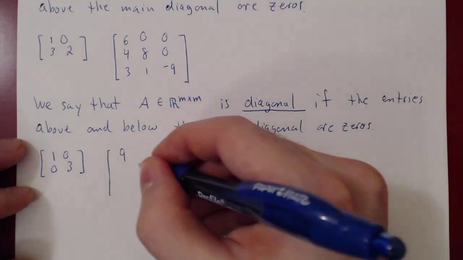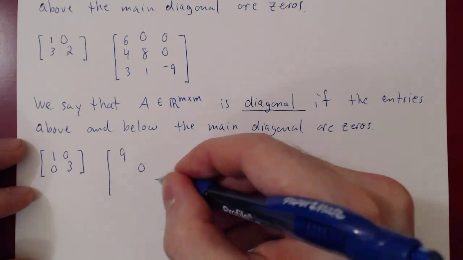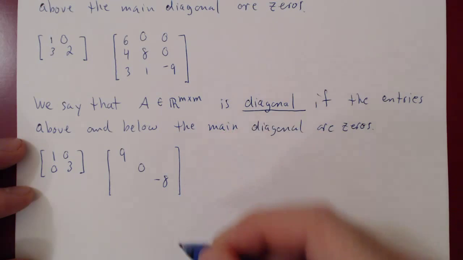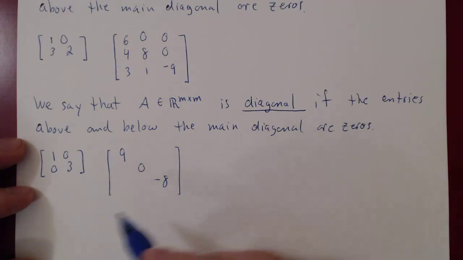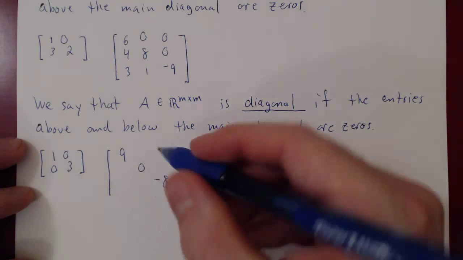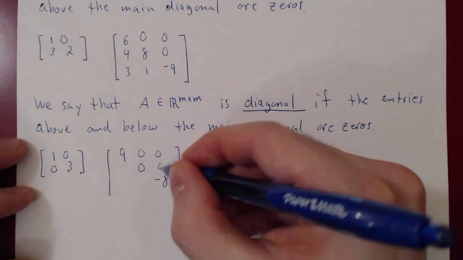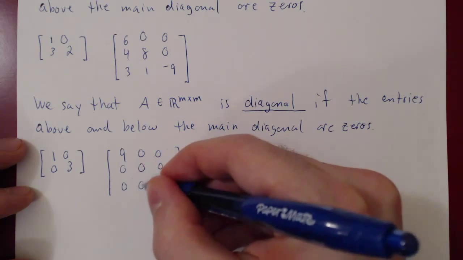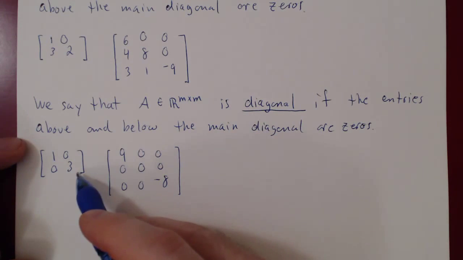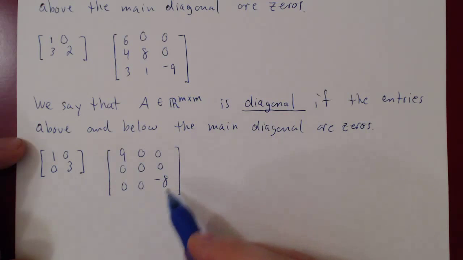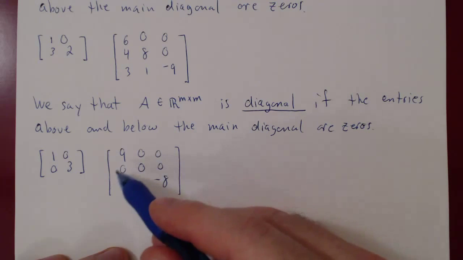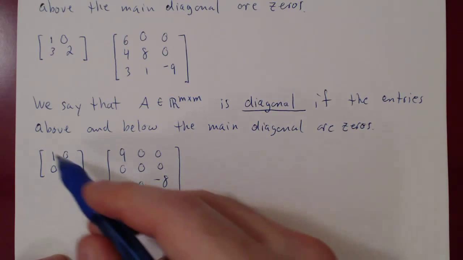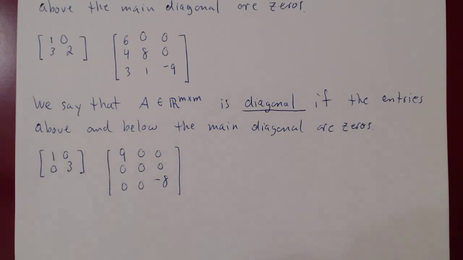For example, 9, 0, negative 8. So you can have 0 entries on the diagonal, but what's above and below all have to be 0. So this is a 2 by 2 diagonal matrix. This is a 3 by 3 diagonal matrix, and so on.